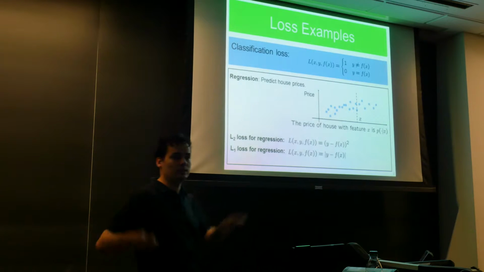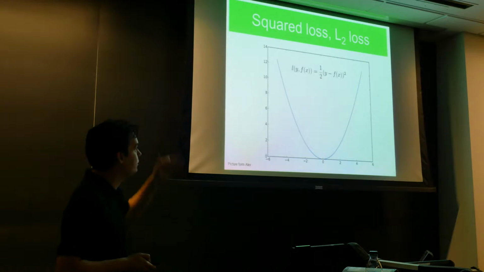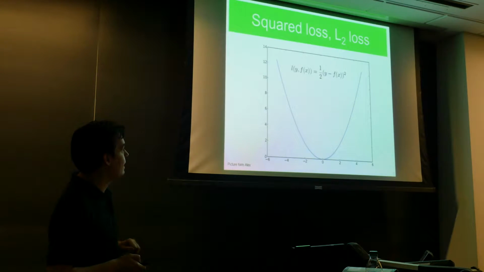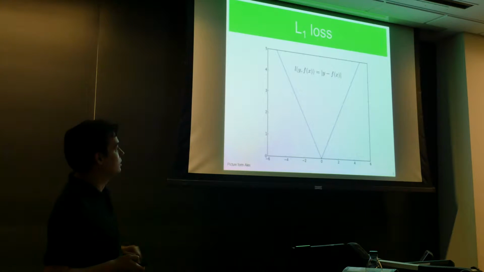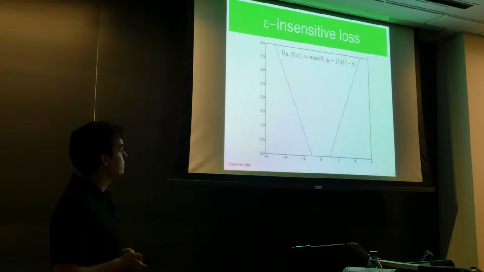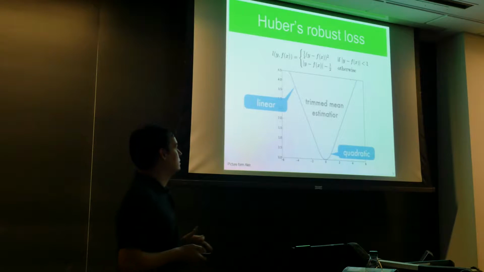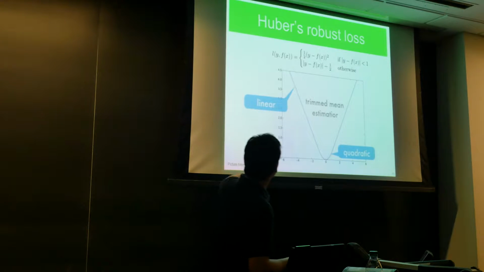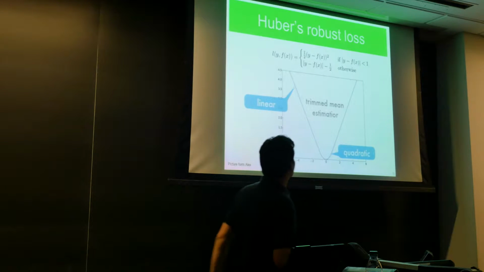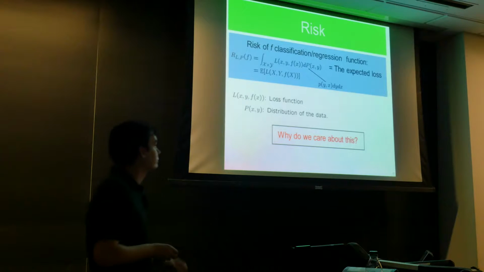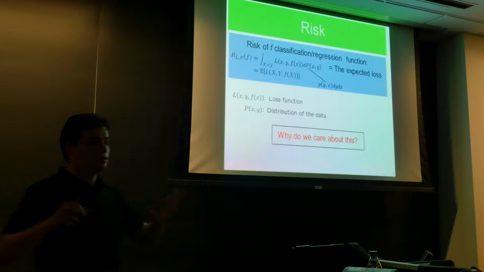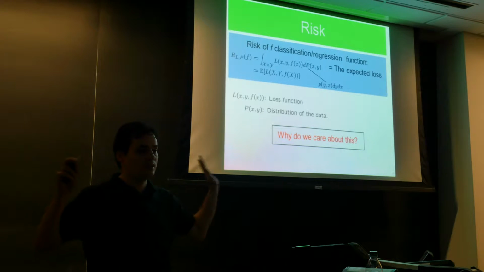We already studied the squared loss, the L2 loss. We know the L1 loss. When we discussed support vector regression, we discussed the epsilon-insensitive loss. And in robust regression, sometimes people use Huber's robust loss. So everything is known so far, right? There was nothing new.